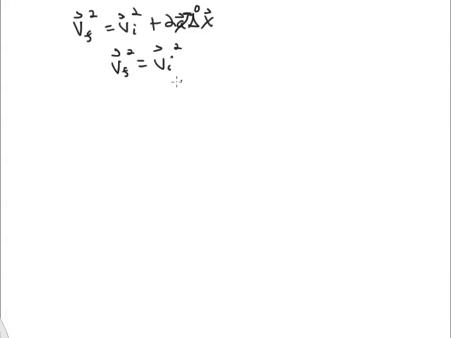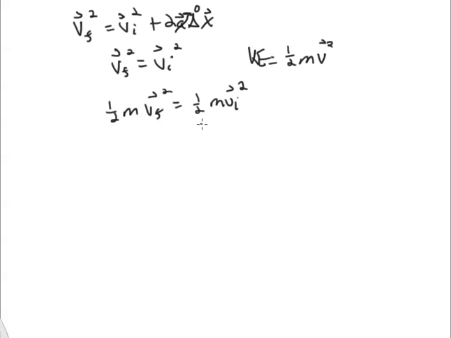If we now define a quantity known as the kinetic energy as 1/2 the mass of the object times its velocity squared, then we end up with this equation: 1/2 mv squared equals 1/2 mvi squared. We can do the exact same thing, with final minus initial.